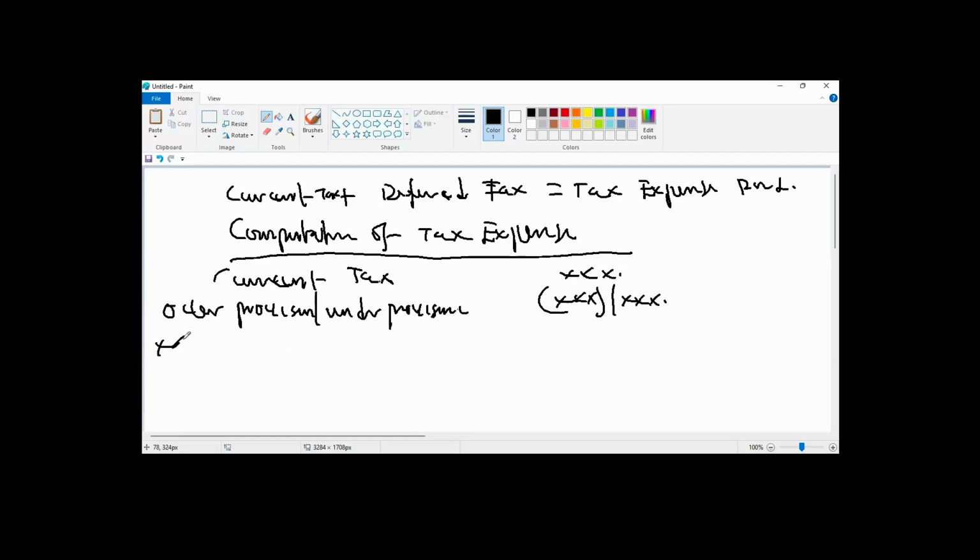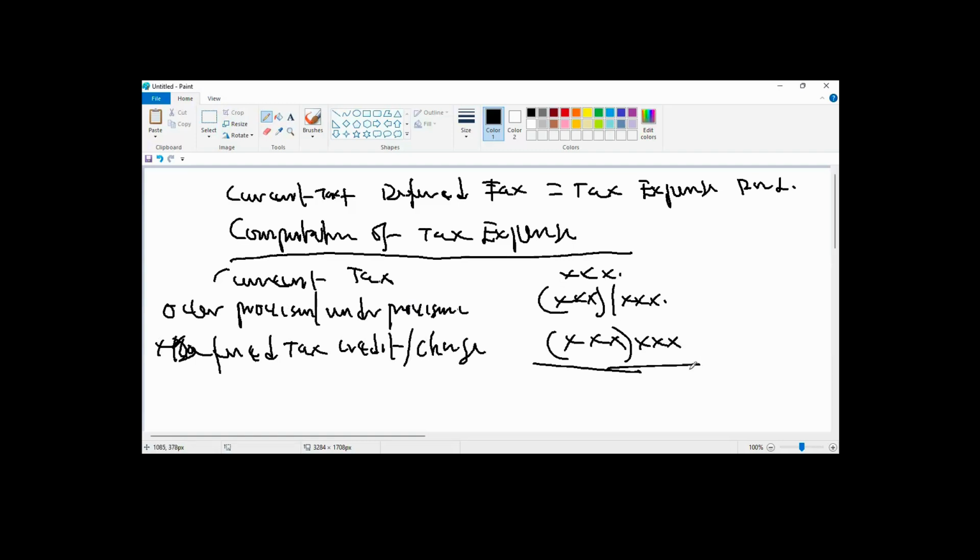Then the movement in deferred tax, which can be credit or charge. This is what goes to P or L. If it is credit, I less. If it is charge, I add. Have we not done this?